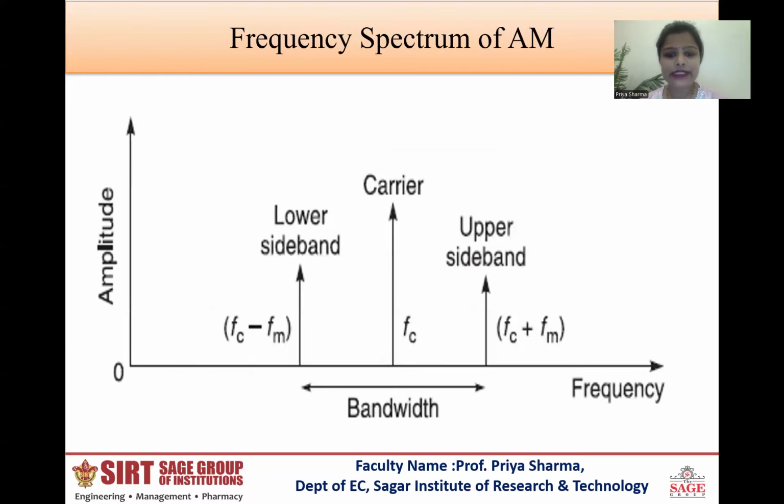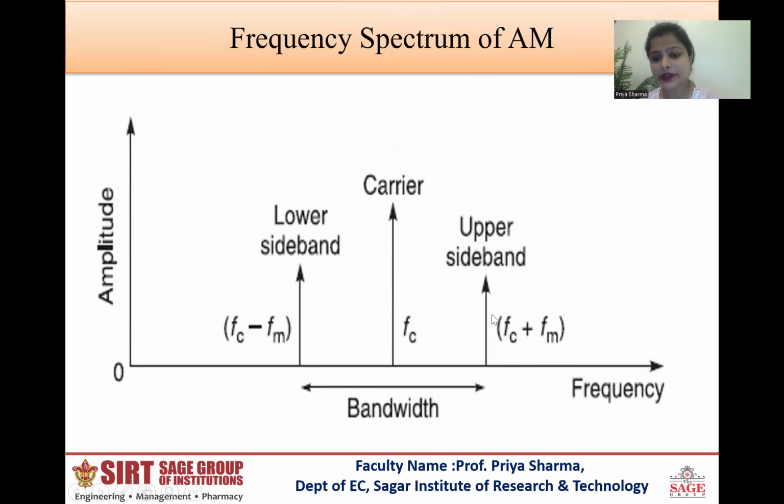So this is the frequency spectrum. It consists of three components. First is the carrier component, fc, which is the frequency of the carrier wave, then the upper sideband and the lower sideband.